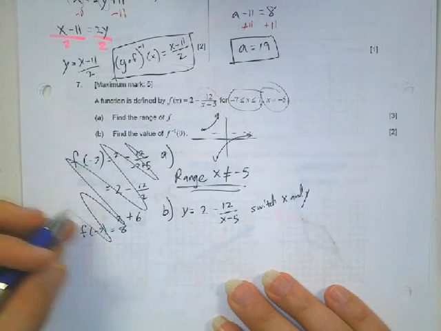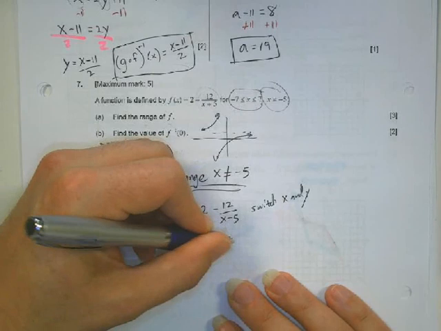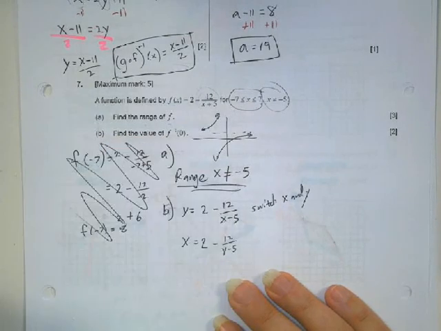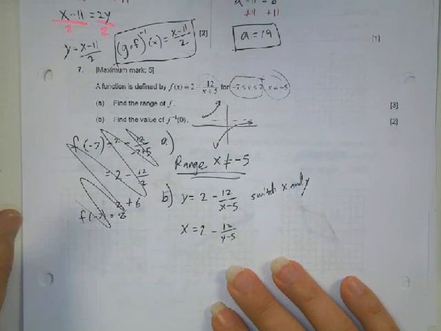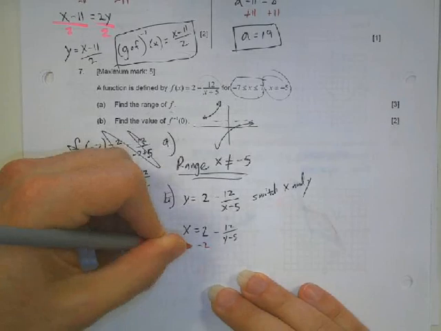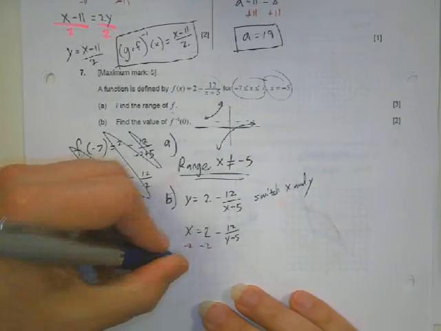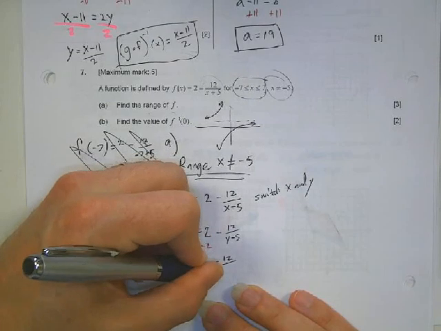So now I have x equals 2 minus 12 over (y minus 5). Okay, so we can subtract 2 on both sides. And then I get x minus 2 equals -12 over (y minus 5).